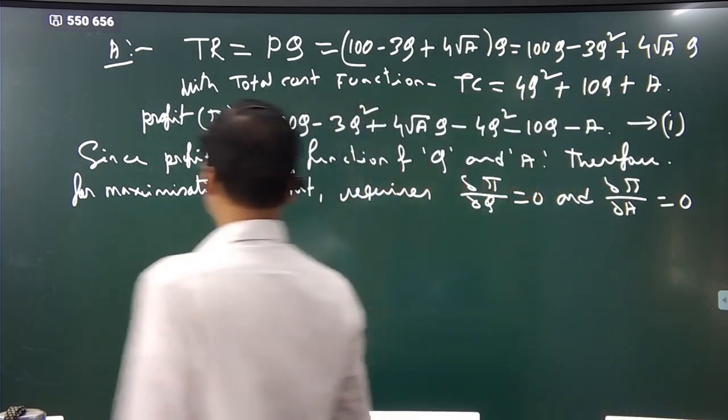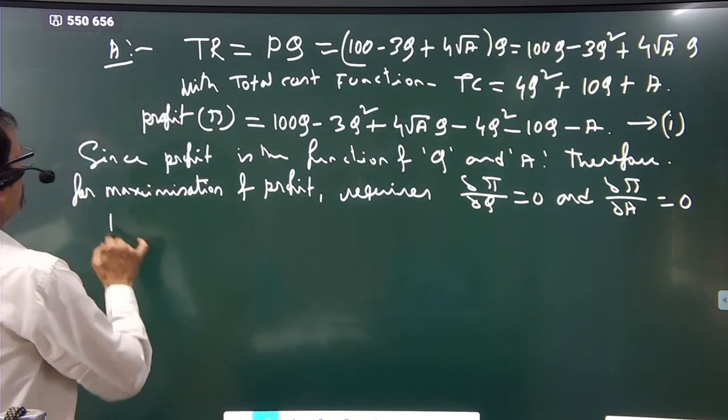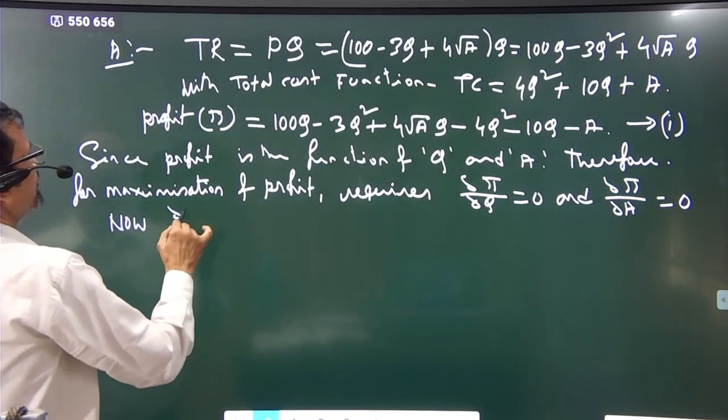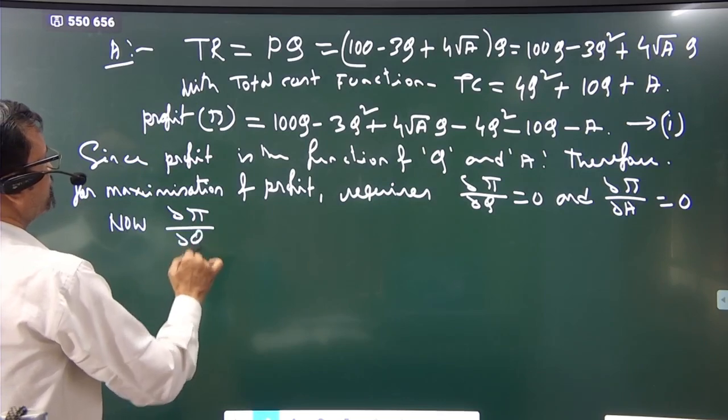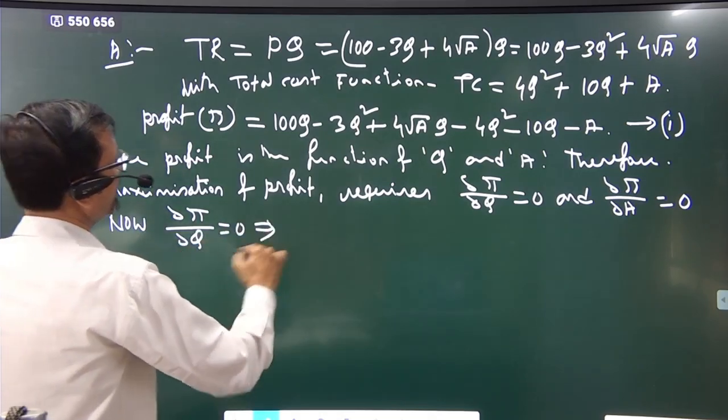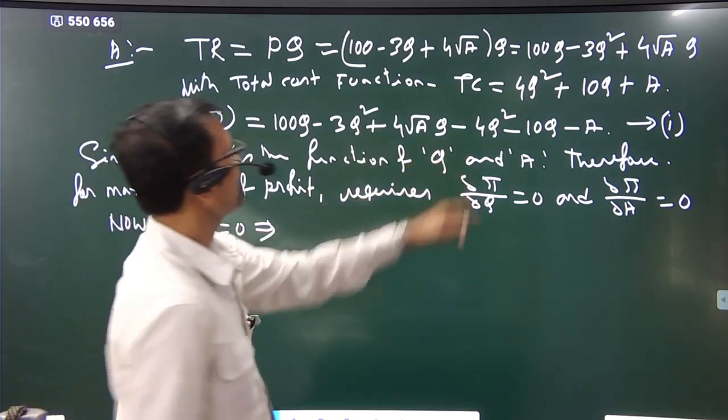Now del pi by del Q is equal to 0. This is the profit function.